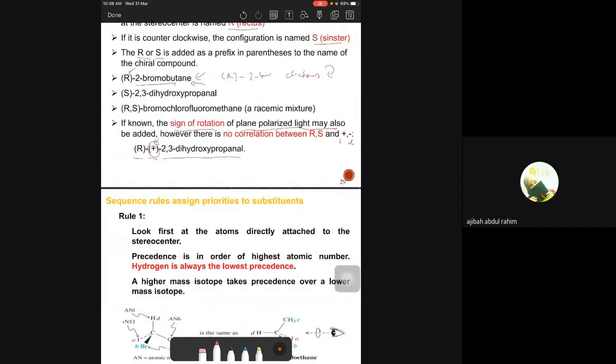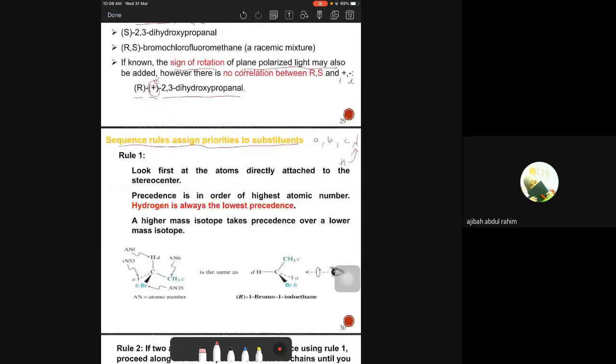Now we will see the rules of assigning priorities to the substituents. So you have A, B, C, and D, D being the least, which I've told you earlier. If you see a hydrogen on the chiral center, that will definitely be the one having the least priority.